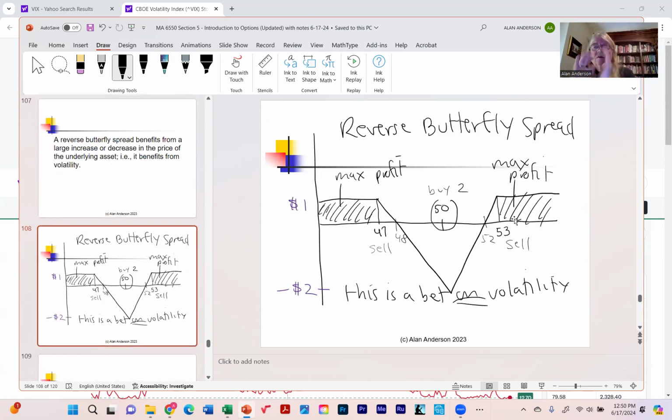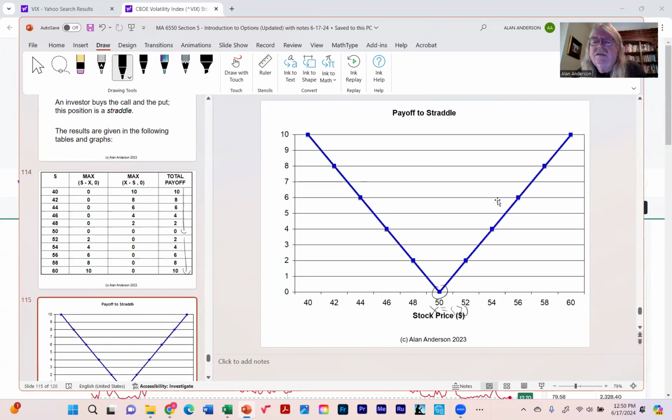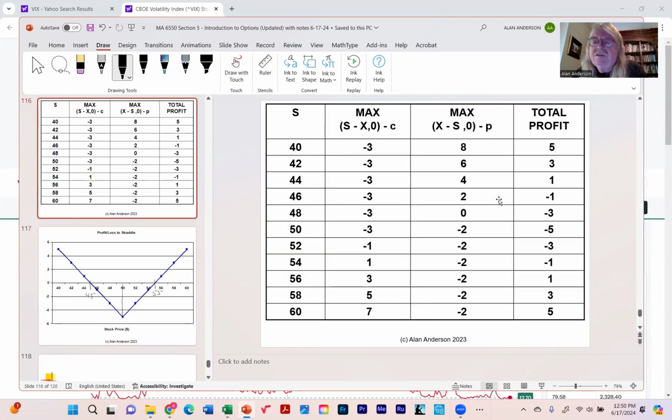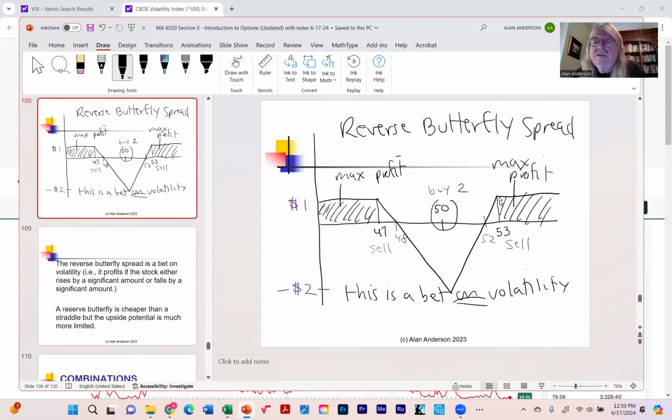It's a V, but this one is capped at $1. This one is not capped. But look how far the stock has to move before you start to make money. $5 versus 2.